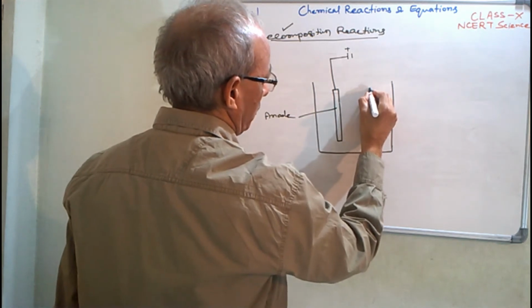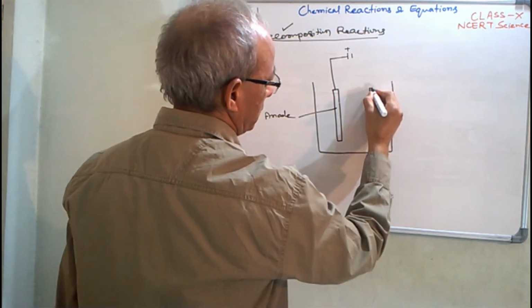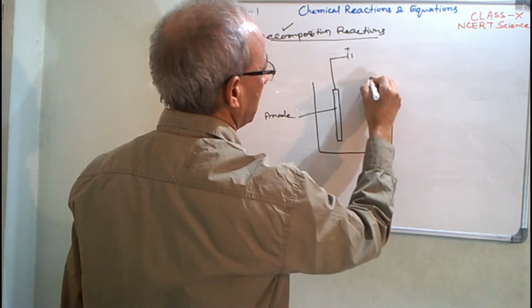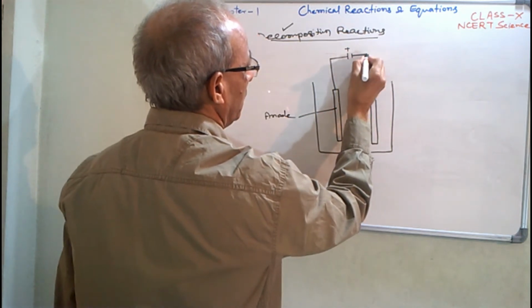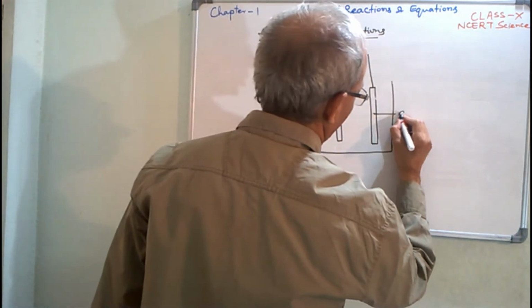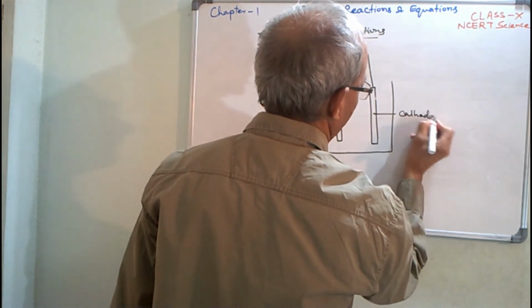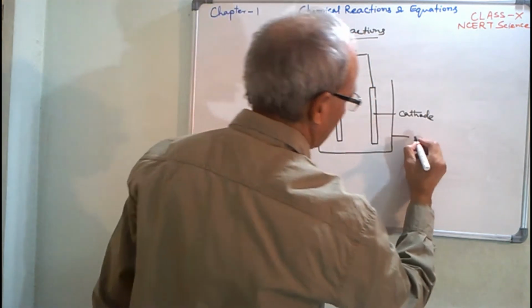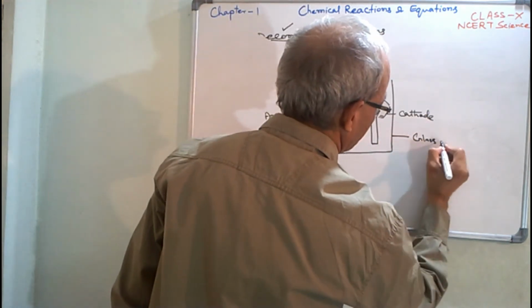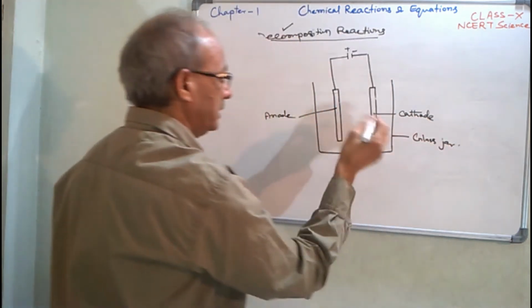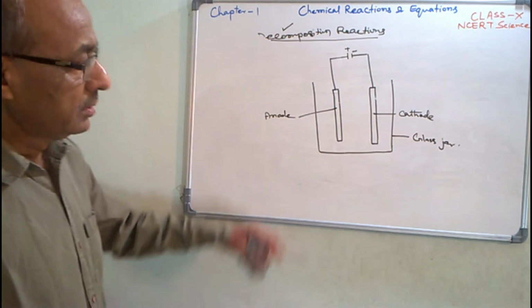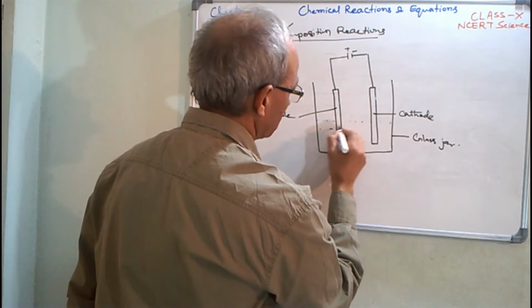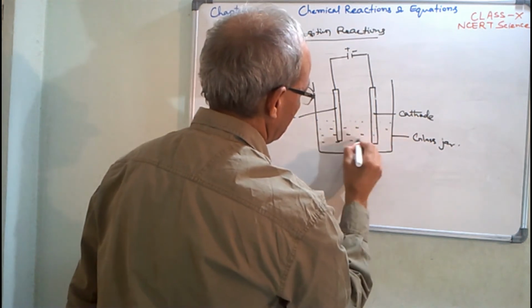And the electrode which is attached to the negative terminal of the battery is called the cathode. This is the electric cell, this is the glass jar.